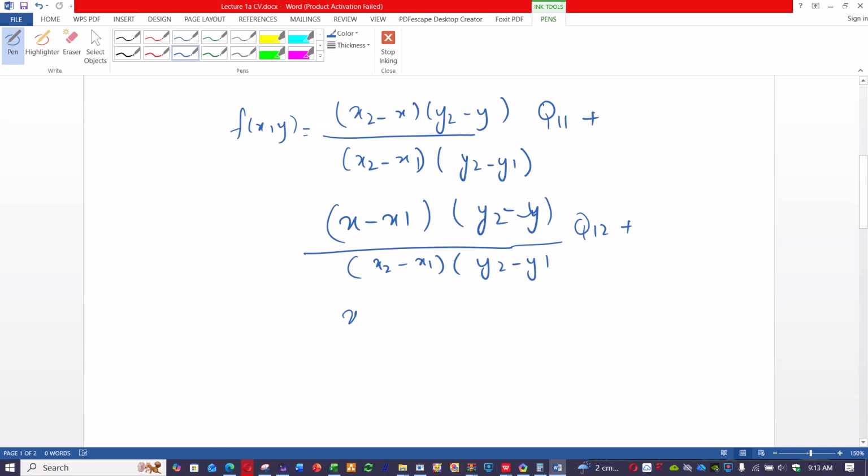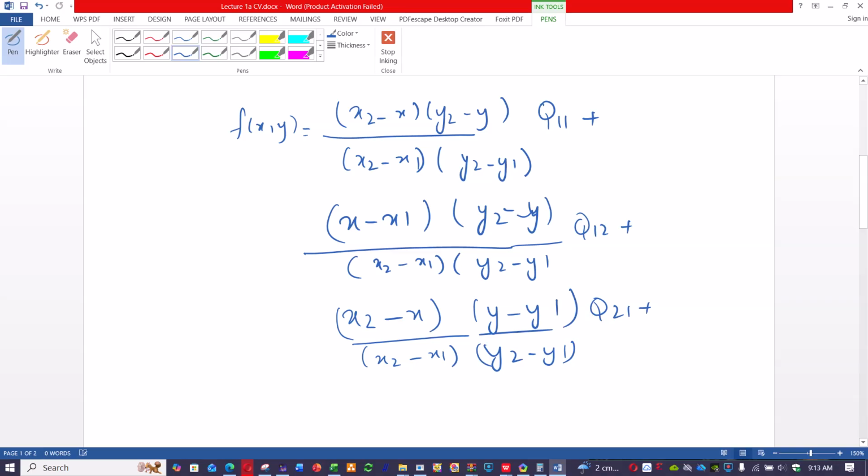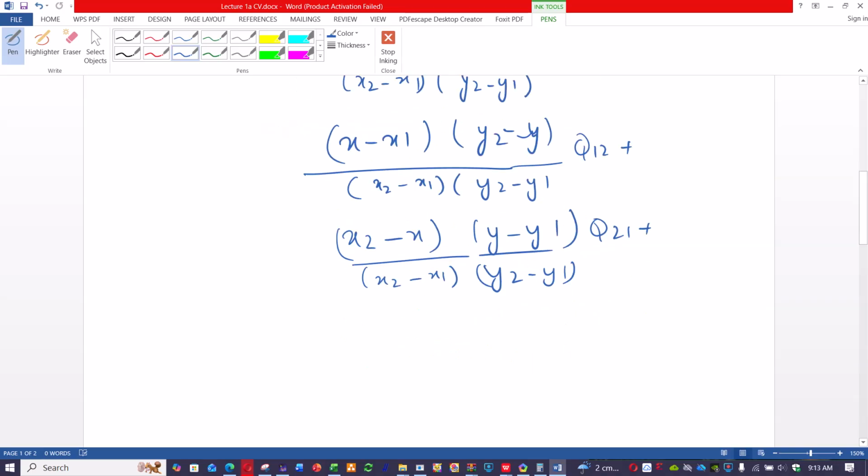Similarly for the second part, (x2 minus x)(y minus y1) over (x2 minus x1)(y2 minus y1) times Q21, and then (x minus x1)(y minus y1) over (x2 minus x1)(y2 minus y1) times Q22.